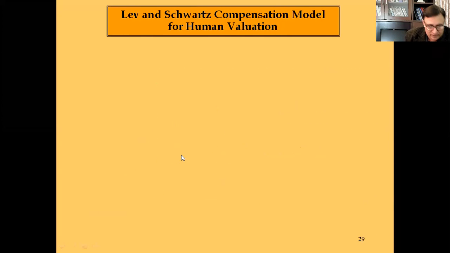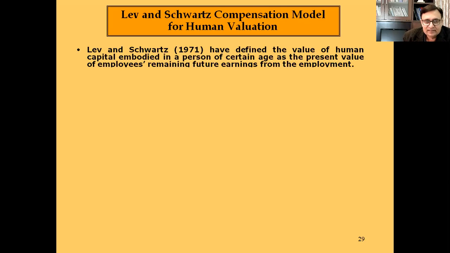The next model is the Lev-Schwartz compensation model for human resources. Lev and Schwartz in 1971 defined the value of human resource capital embodied in a person of a certain age as the present value of the employee's remaining future earnings from employment.